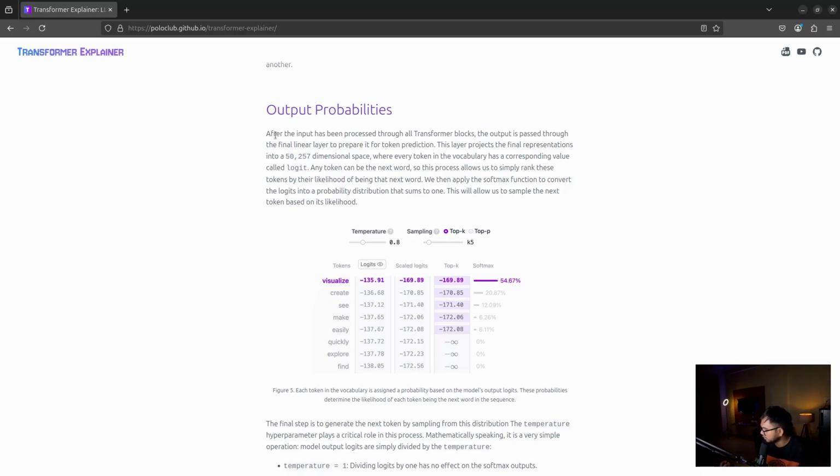The final layer has the weights 768 by 50,257, and this layer projects the final representation into a 1 by 50,257 dimension, where every token in the vocabulary has a corresponding value called logits, right?